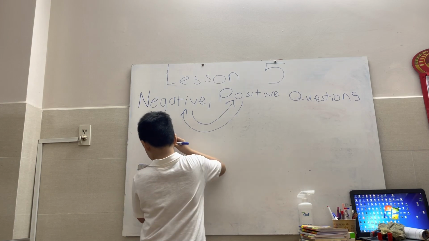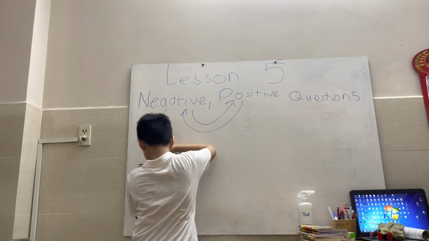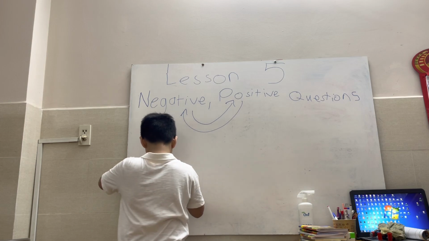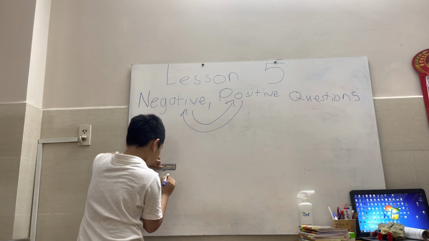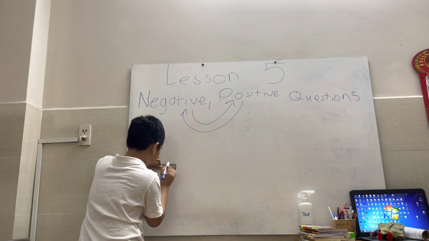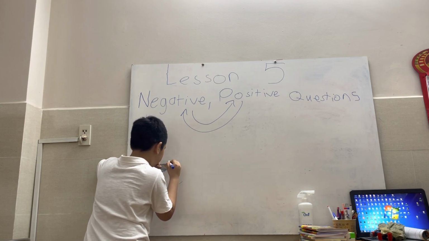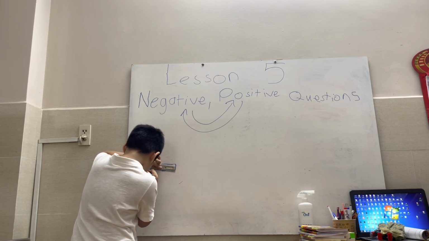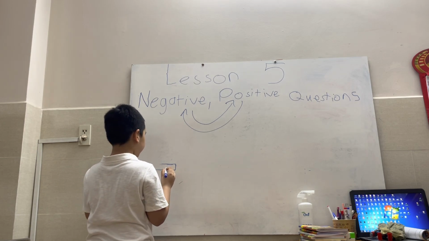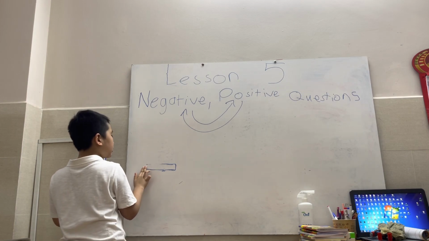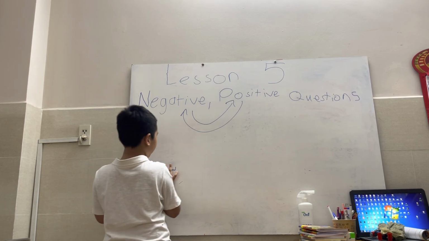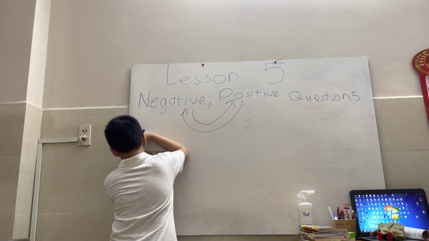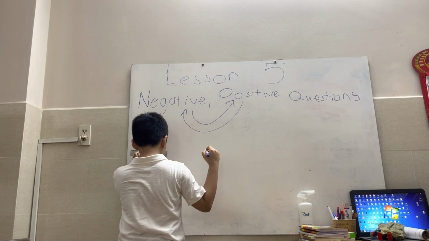Let me get something more suitable. Oops. Let me draw a line again because this ruler is pretty slippery on a whiteboard. I think if you want to use a ruler, you might have to use it on paper. Now, let me draw it one more time. There.